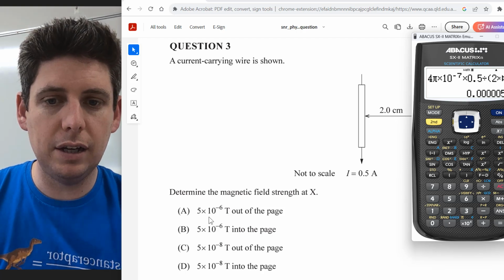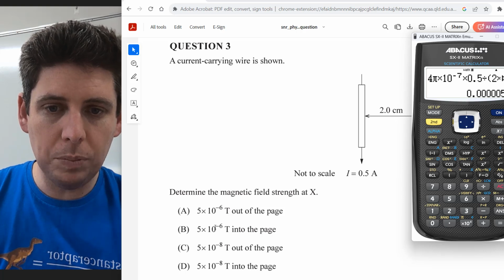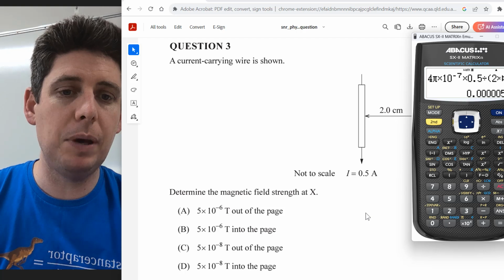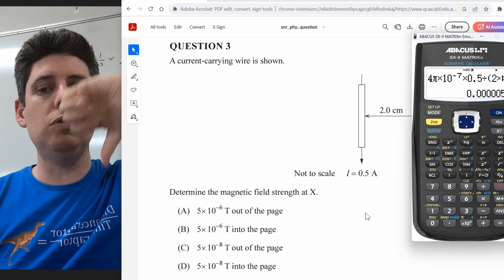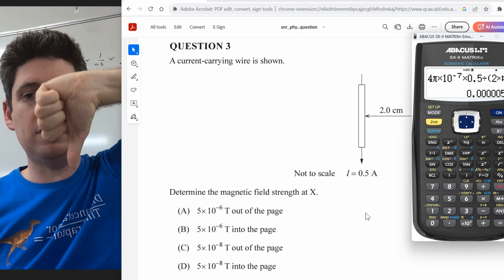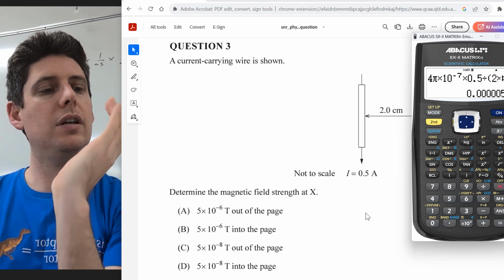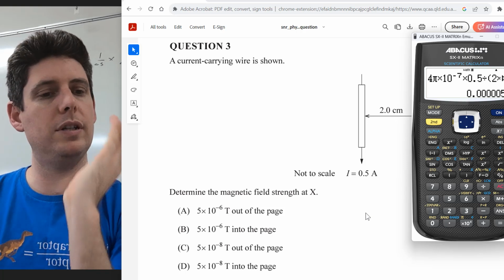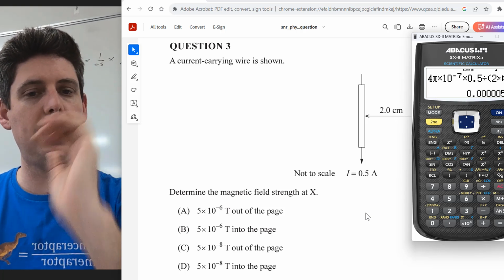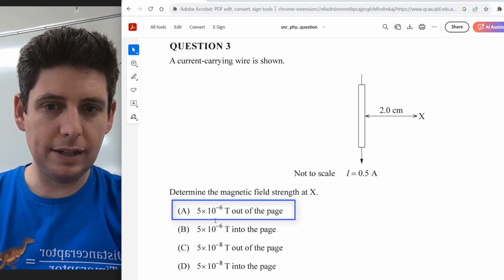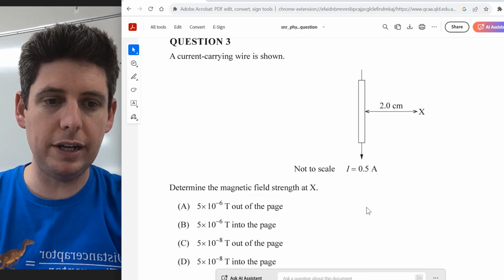So the answer is either A or B. Now we have to figure out, is it out of the page or into the page? Don't forget your right hand rule. The thumb is pointing towards the arrow and it's coming out of the page. So fingers pointing towards you as we point down. So X is out of the page. So it's A for question 3.